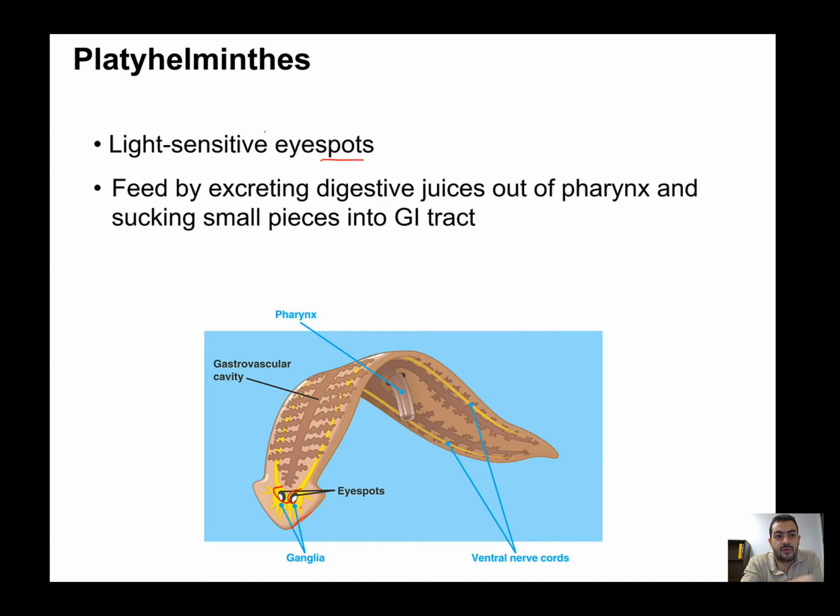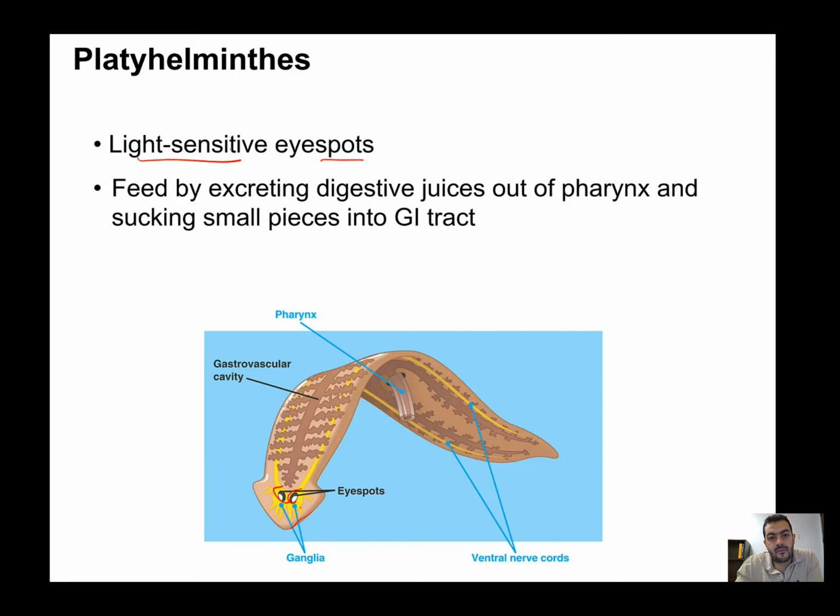So eye spots, they are light sensitive. They don't allow processing of images, but they allow the sensitivity of light, through which the platyhelminthes detect the source of light, and they respond and align themselves towards the source of light.